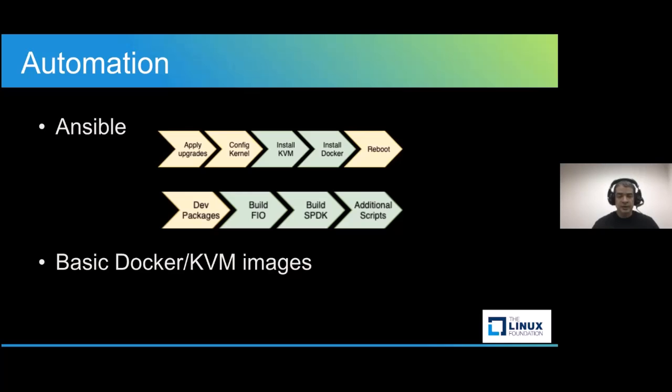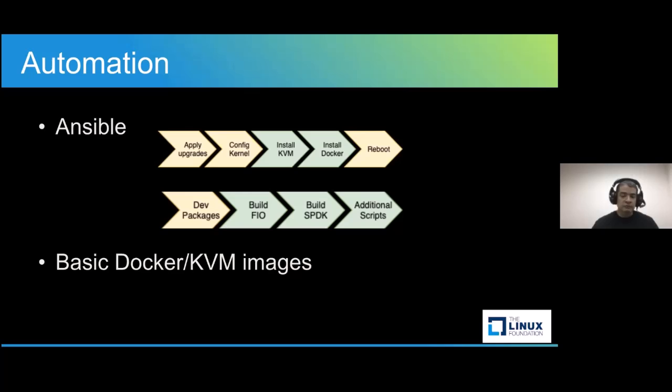By that, I mean it's a directory that's shared between the bare metal server and the Docker container or the KVM guest. And that's where we're going to be storing the results from the experiments.